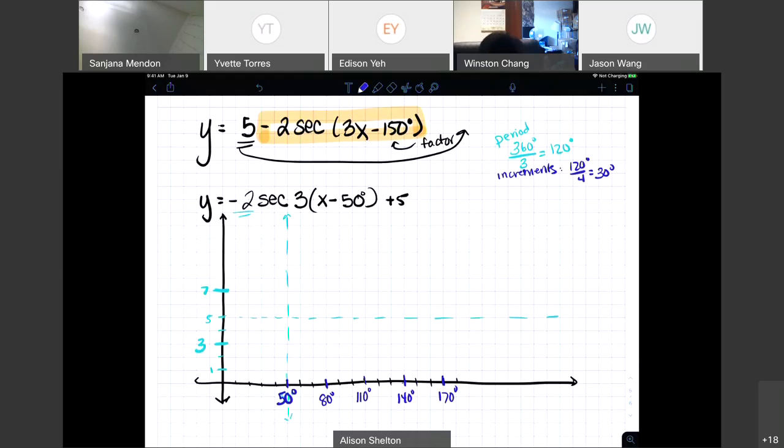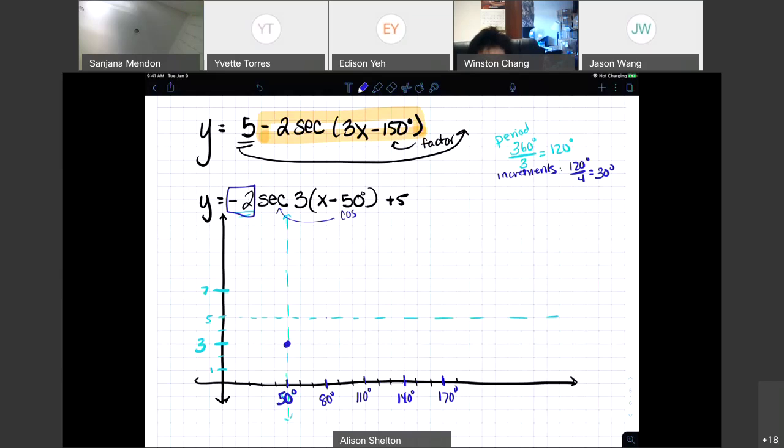Then we're going to do, noticing once again, the secant is the reciprocal of the cosine, so we want to graph the cosine function. And -2 amplitude means it's going to be upside down. So instead of starting at our high point, we're starting at our low point. So we're going to be at 3 at 50 degrees.